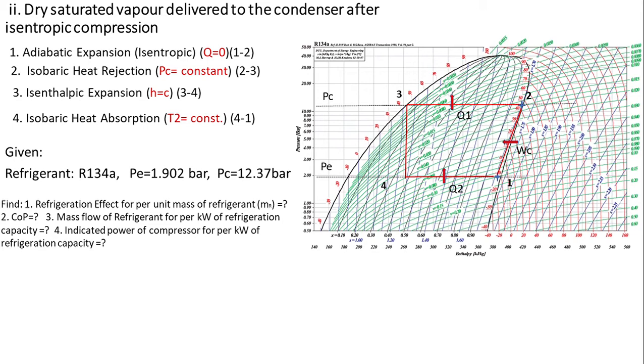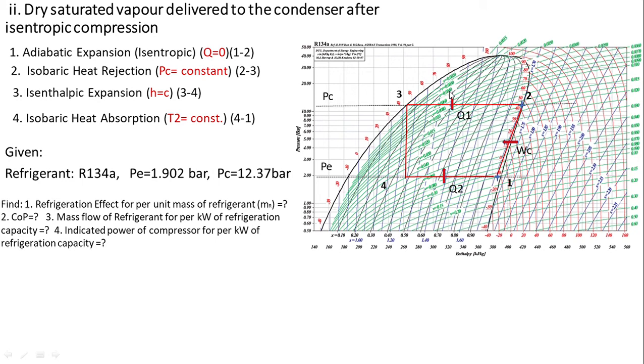Now can you tell me what is the refrigeration effect in this case? Which is the refrigeration effect, Q1 or Q2? Yes, type it in the chat box. I am saying Q2 is the heat absorbed in the evaporator, while Q1 is the heat rejected in the condenser.